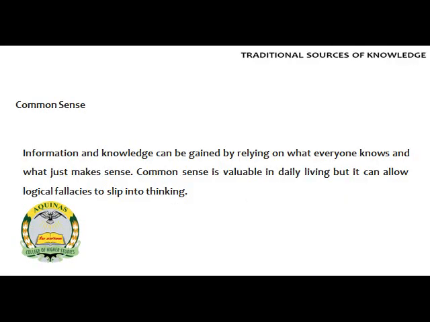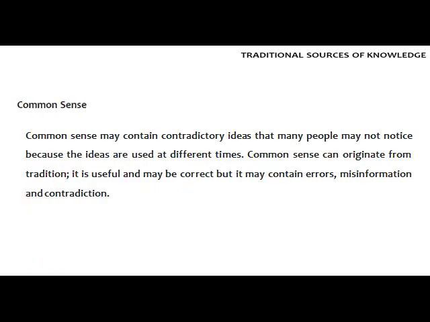Information and knowledge can be gained by relying on what everyone knows and what just makes sense. Common sense is valuable in daily living, but it can allow logical fallacies to slip into thinking. Common sense may contain contradictory ideas that many people may not notice because the ideas are used at different times.